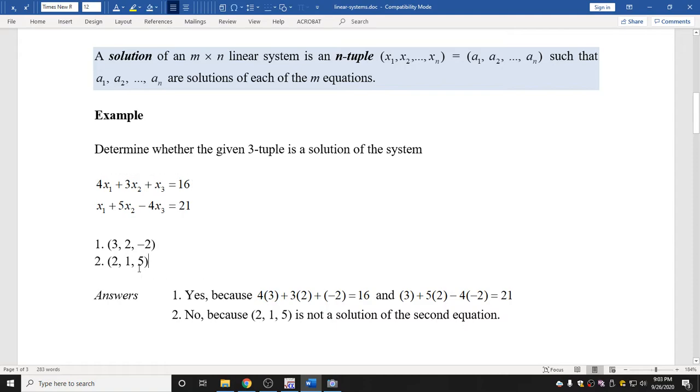But 2, 1, 5 fails to be a solution of the second equation. Notice that 2 plus 5 times 1, which is 5, so 2 plus 5 is 7, and then minus 4 times 5, which is minus 20. 7 minus 20 is a negative number, not 21.